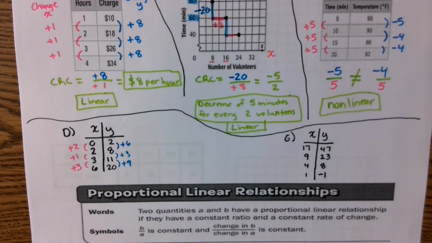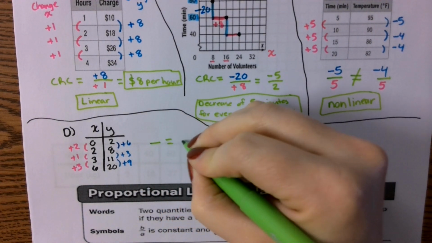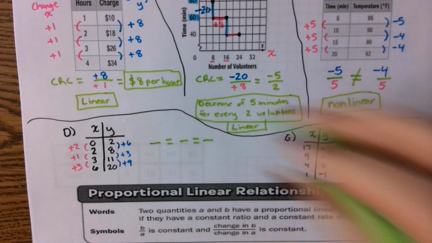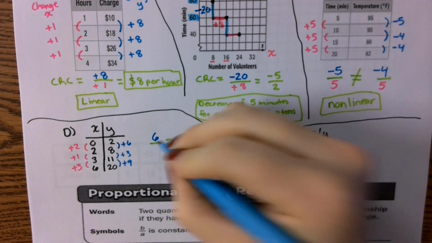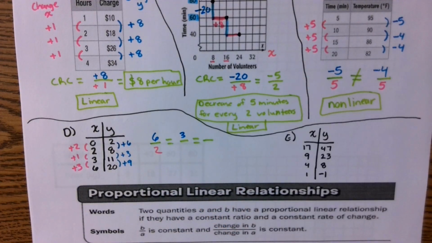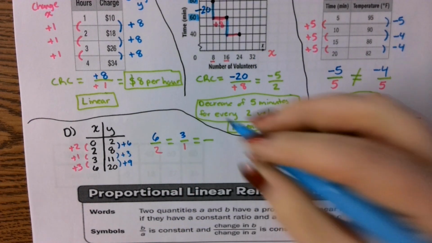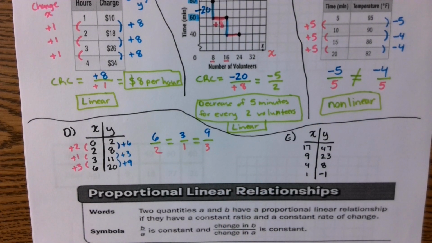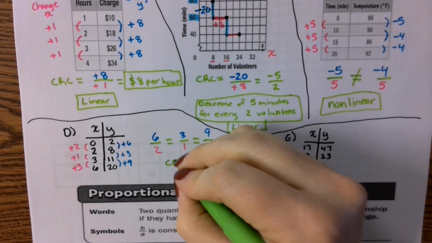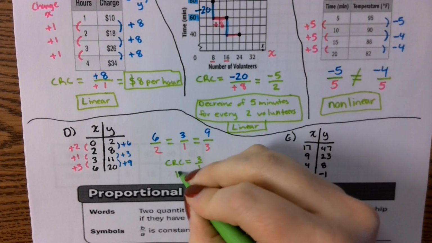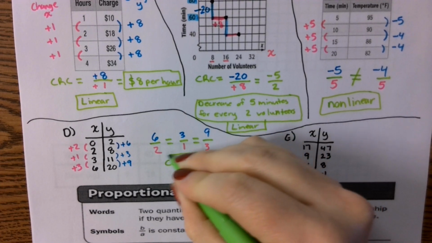So if you were to set all of these ratios up, they would all be equal to each other. You have a 6 over 2, you have a 3 over 1, and you have a 9 over 3. All of those are going to simplify to the exact same value of a constant rate of 3 over 1. Okay, so that means that it is a linear relationship.